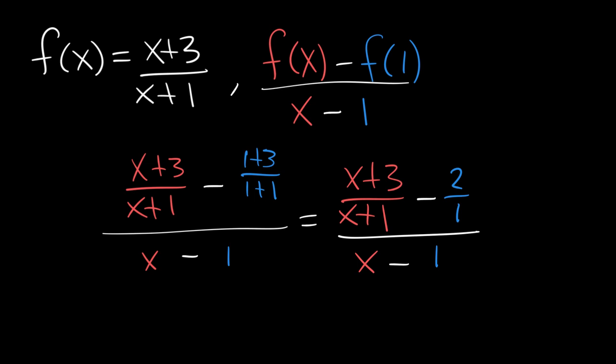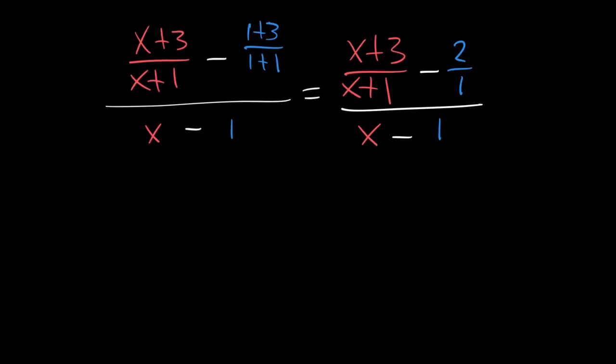So if I just work on that whole numerator part, this is 1 times x plus 3, and that would be minus 2 times x plus 1.